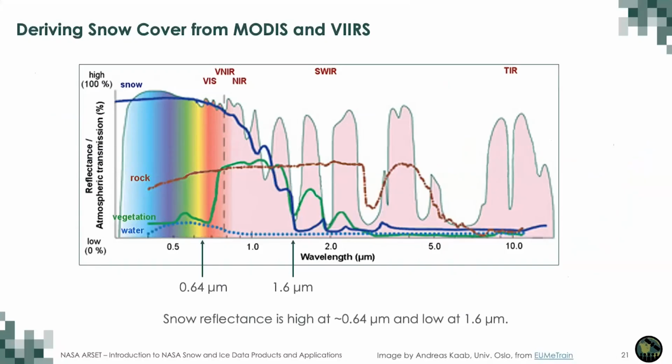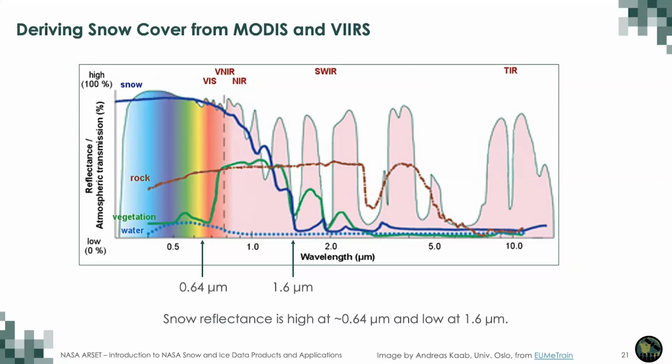All right, so going back to this figure here showing the reflectance and the atmospheric transmission. Couple of the wavelengths that are on VIIRS, and MODIS again has similar wavelengths. The 0.64 kind of in the red area, the snow has very high reflectance there, and then going out to 1.6 microns, which is out towards the shortwave infrared, you can see there it's very low.